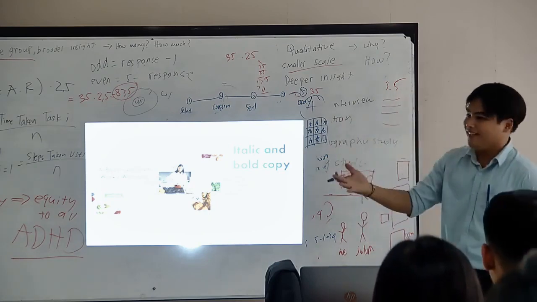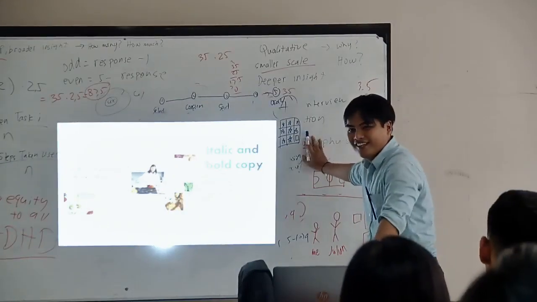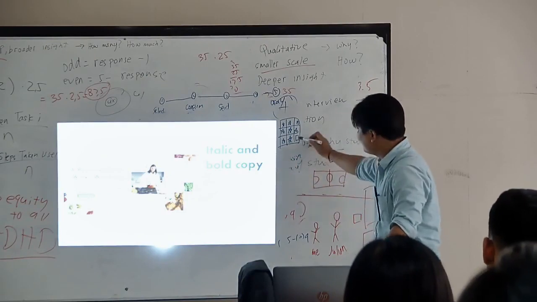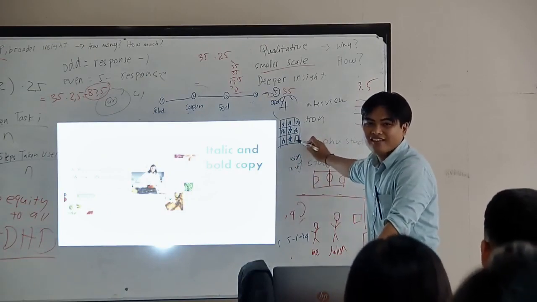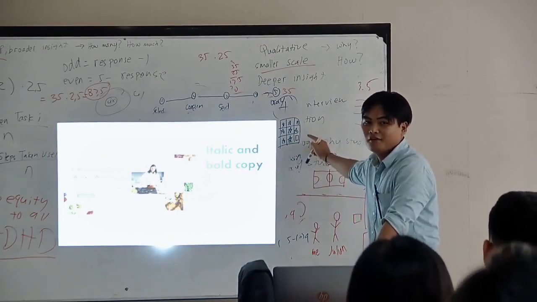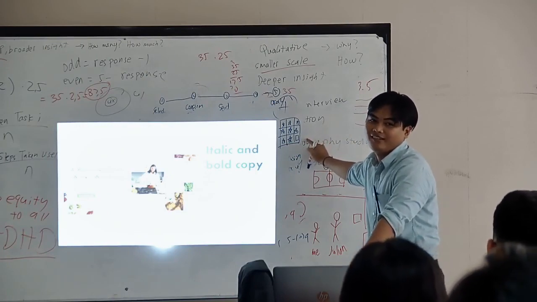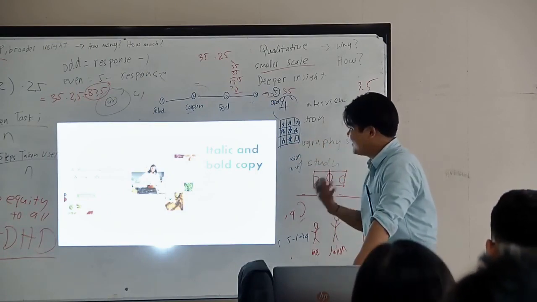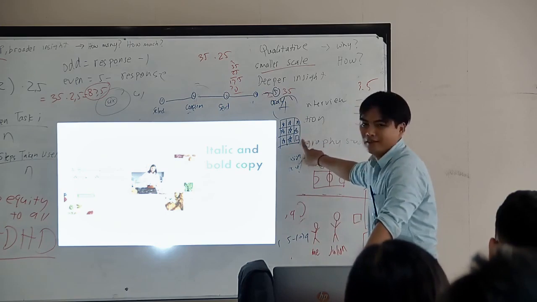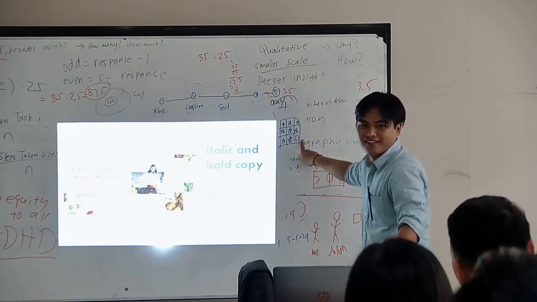When you see this kind of thing, you will automatically focus on the square. Why? Because it's different. It makes you uncomfortable to see something like this.